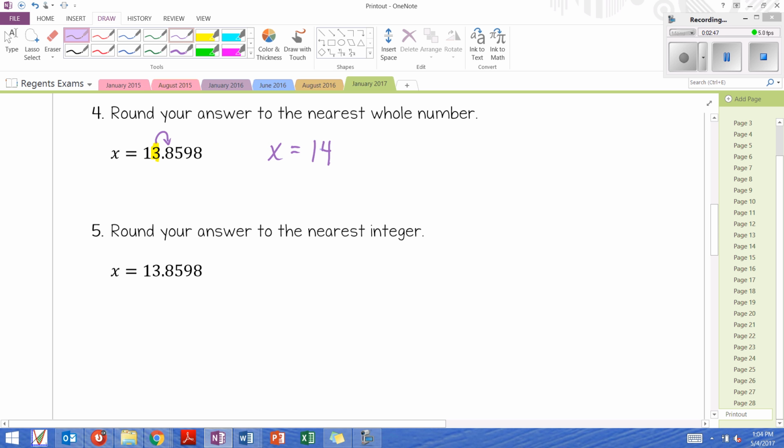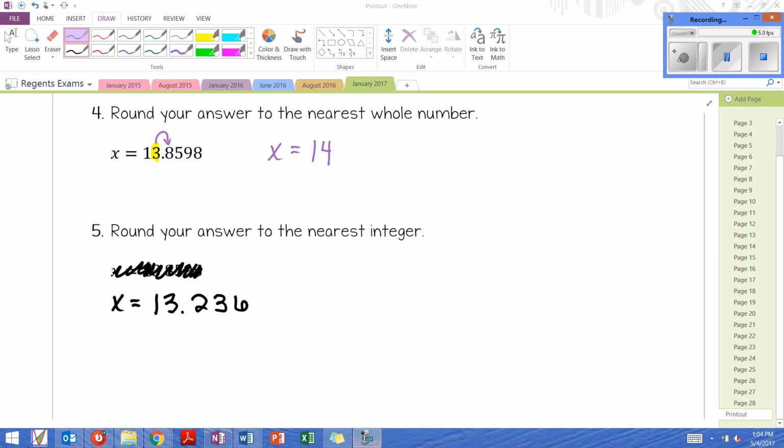Number 5, it's basically the same thing as number 4, except integers could be positive or negative. In this case, our number is positive. And I'm going to change this number for a second, just to get a better example, because I felt like I kept rounding up.